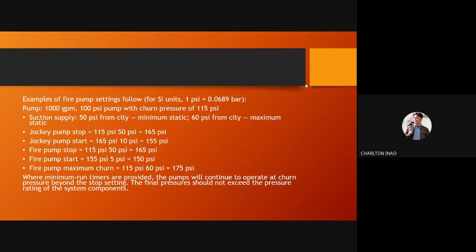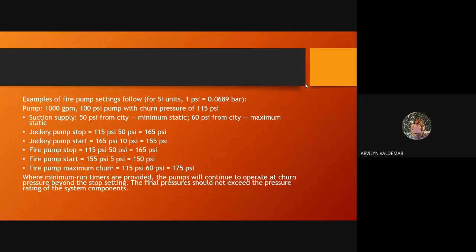Example of fire pump settings. Pump 1000 GPM, 100 PSI pump, and churn pressure of 115 PSI.